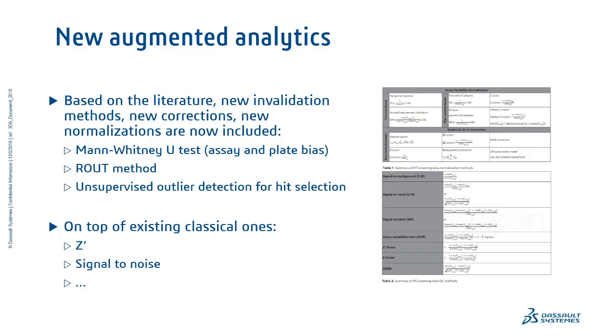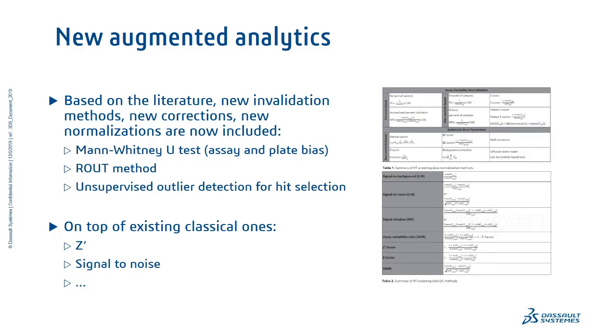You can use an unsupervised outlier detection for when you're doing hit selection. So basically trying to find which result is an outlier, and because it's an outlier compared to the rest of the assay, it might mean that it's a hit.